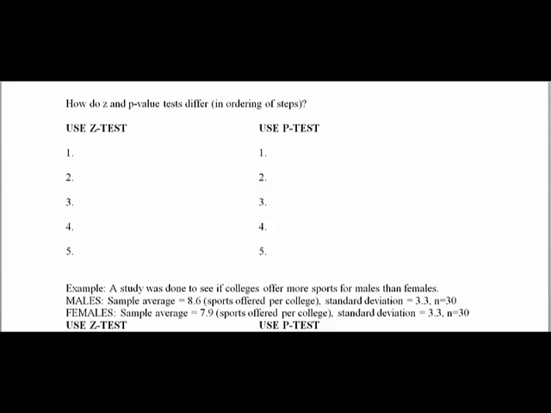Now, the first thing we will do is get a null and an alternative hypothesis. This is the same in both of these; the null and alternative hypothesis will look identical. The second step of a z-test is where we find the critical value based on the alpha given in the problem and whether it's a one or two-tail problem.